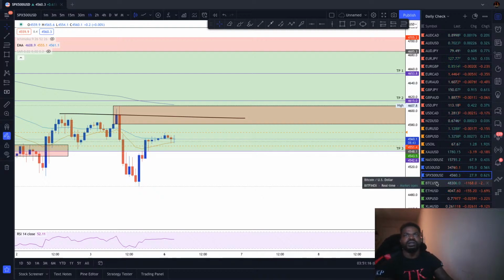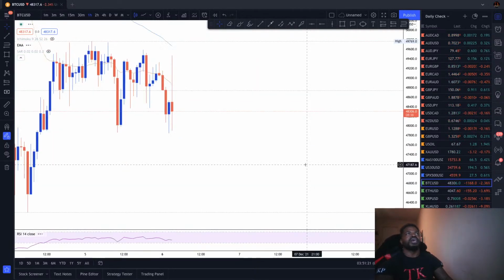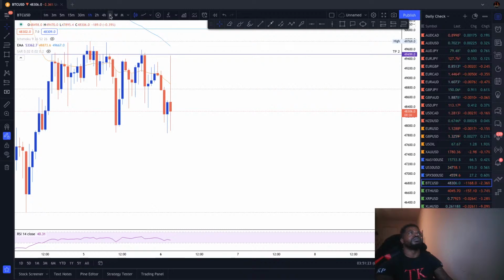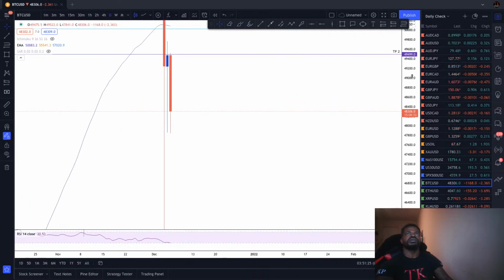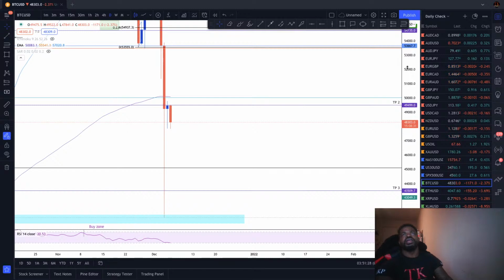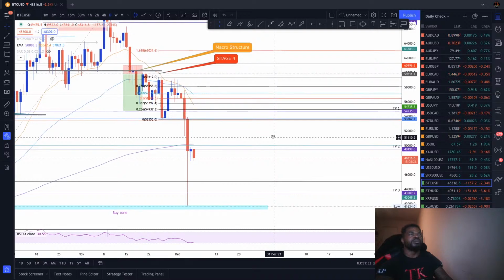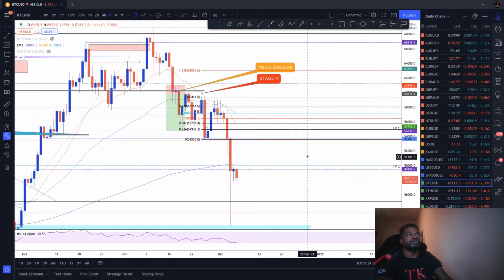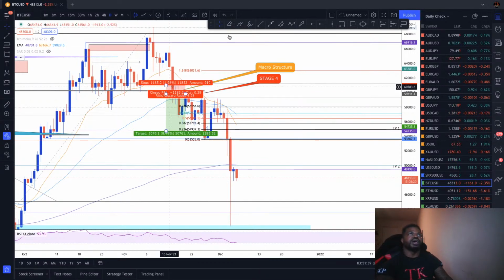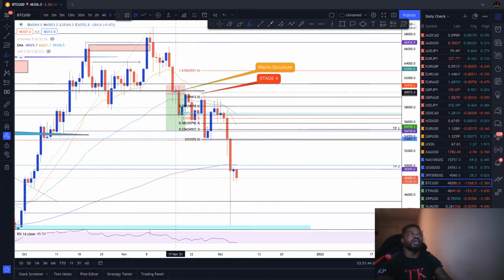We also looked at Bitcoin. I sent out a Bitcoin sale in our Discord group. Still looks bearish. I sent it out when I saw this macro structural level on Bitcoin was broken. After that structural level was broken, we had a sharp move down, then a pullback.